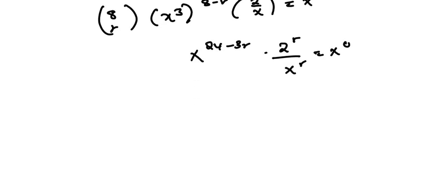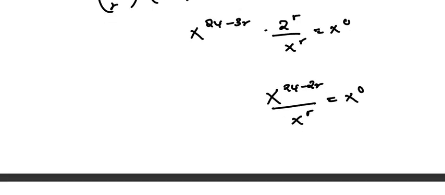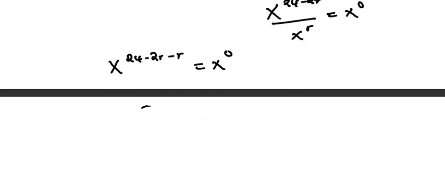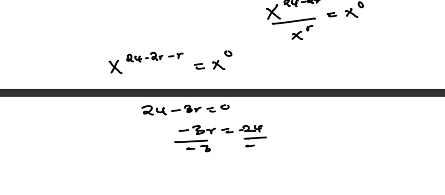Then from here, we have x to the power 24 minus 2r over x to the power r is equal to x to the power 0. Then this is x to the power 24 minus 2r minus r, is equal to x to the power 0. And this just becomes 24 minus 3r is equal to 0. This is negative 3r is equal to negative 24. Divide by this, divide by that. So r gives us 8, is it?